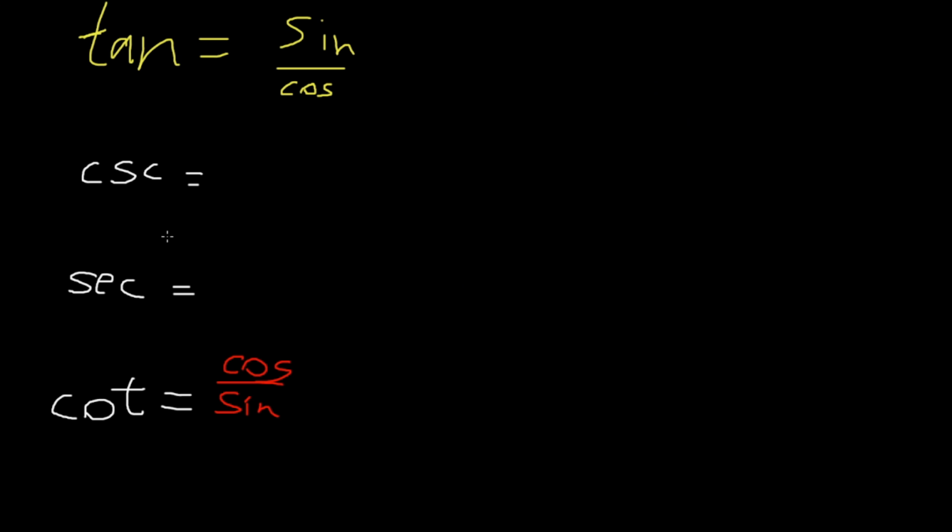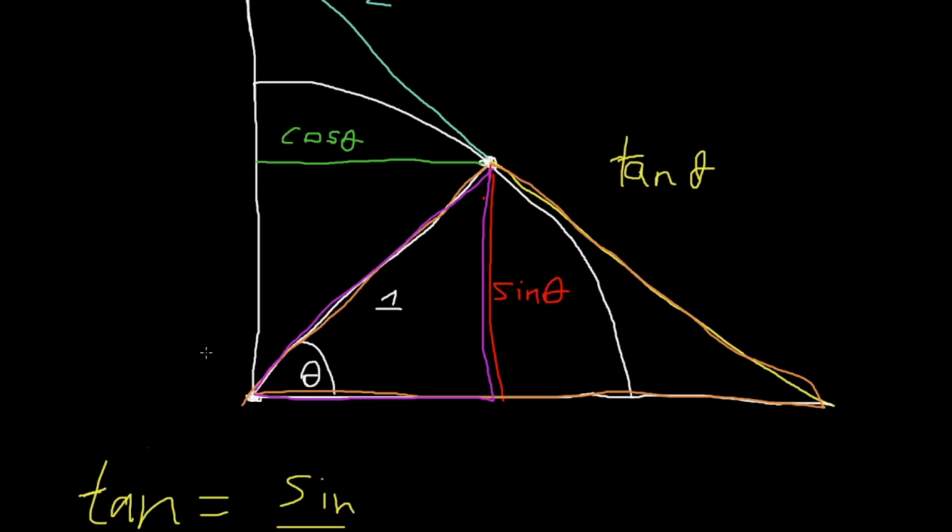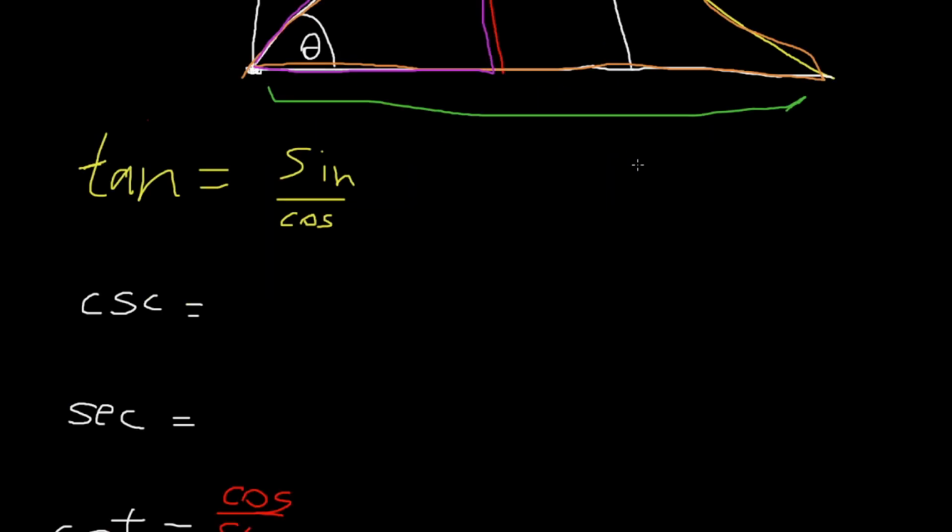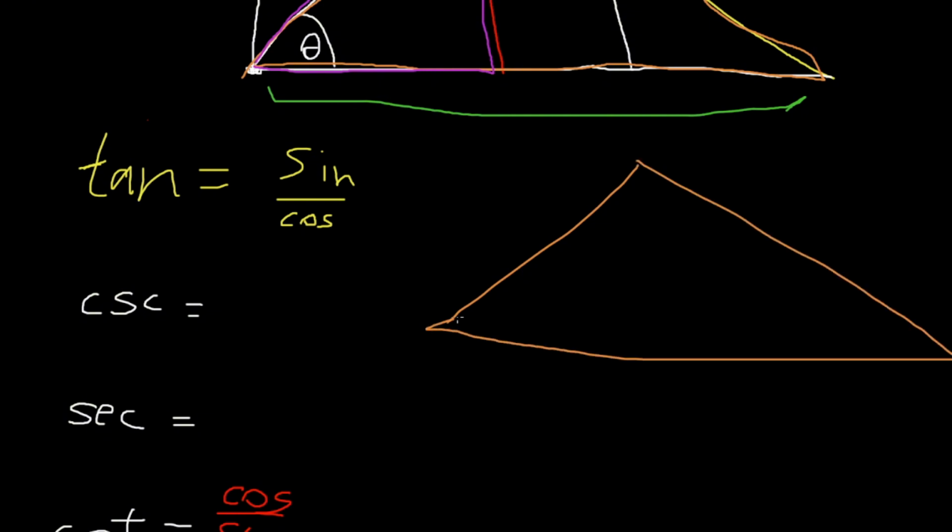Now, what are cosecant and secant? Let's go back to this bottom part of our quadrant and look at this length in green. We don't know what length this is. Actually, using similar triangles, we can figure it out. We use that big orange triangle as we were using before, the same similar triangles as well.